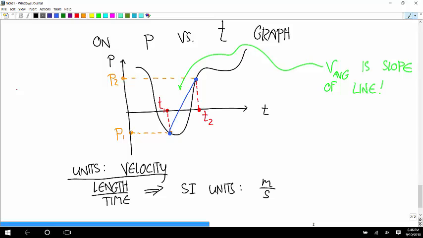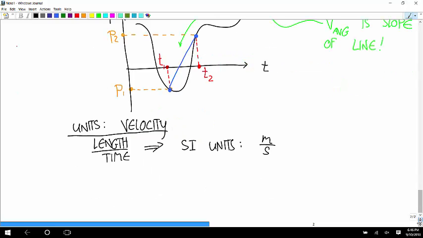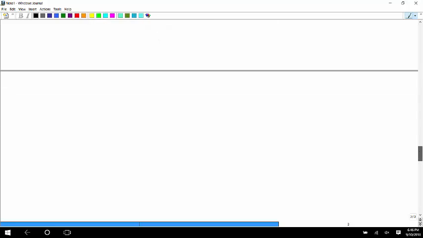So average velocity, you need to choose two instants. Instantaneous, we want something where we can just choose one. So how do you do that? Now we're going to talk about instantaneous velocity.